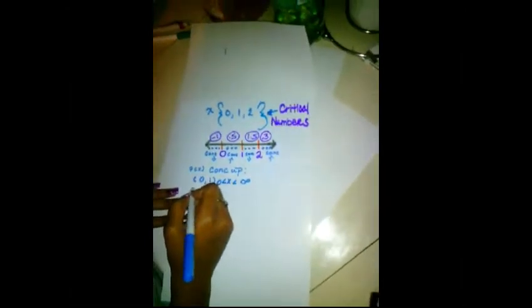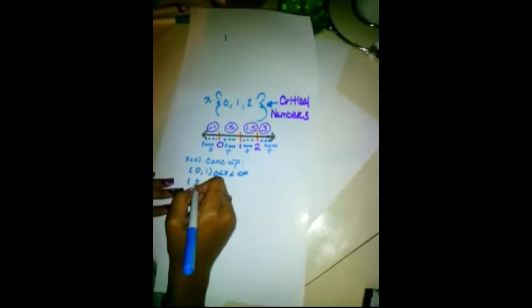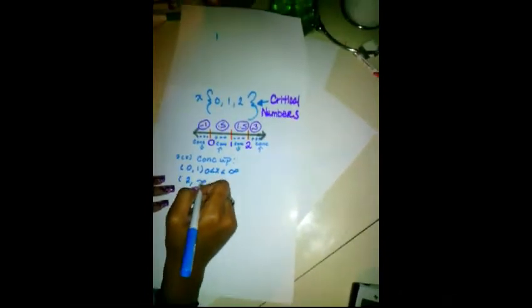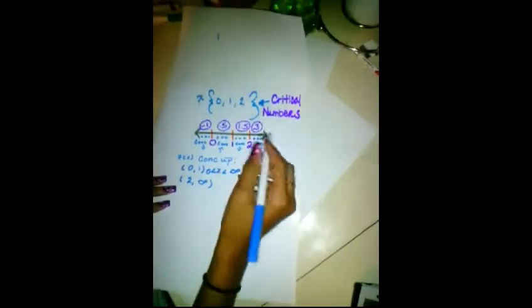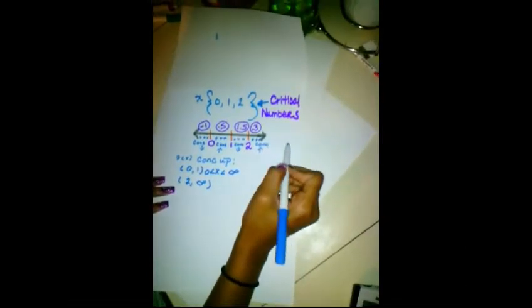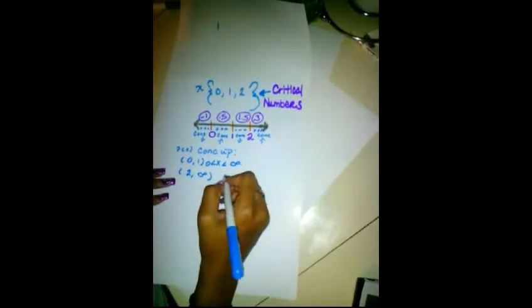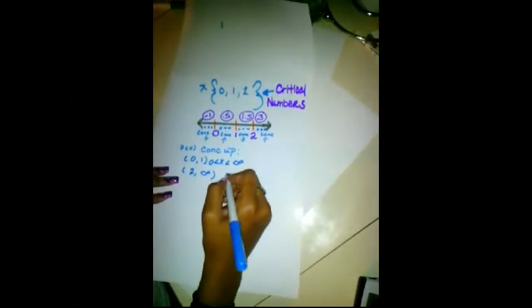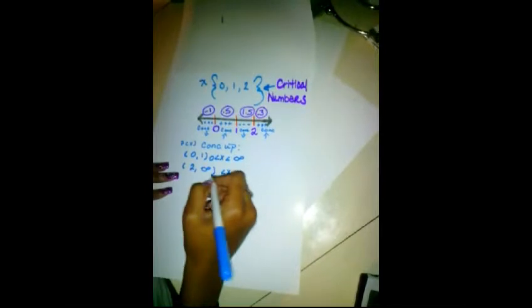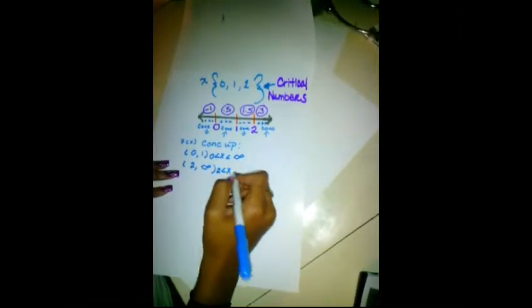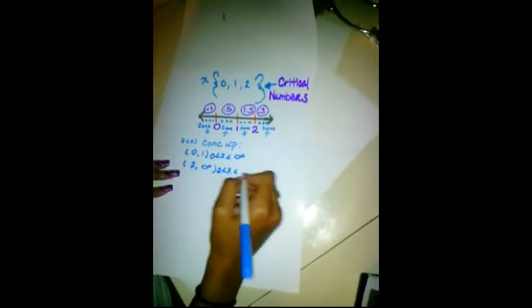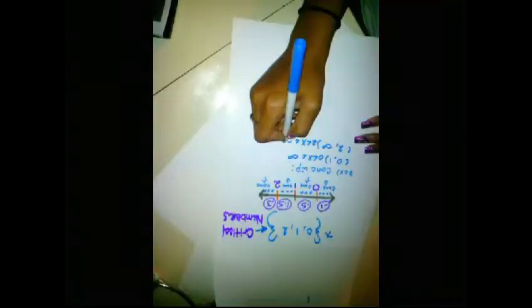And then we have 2 and positive infinity, so this is where positive signs are. So we write x is greater than 2 but less than positive infinity.